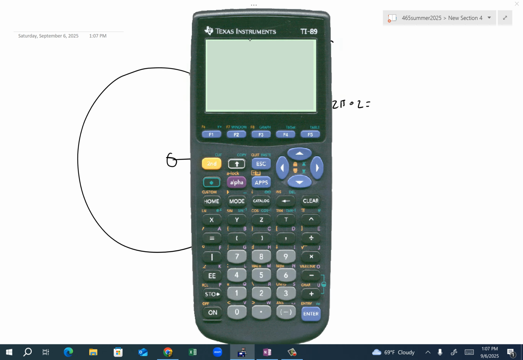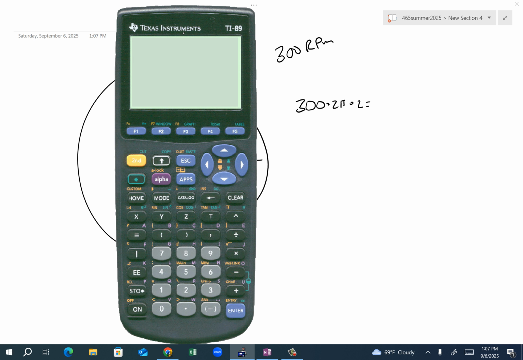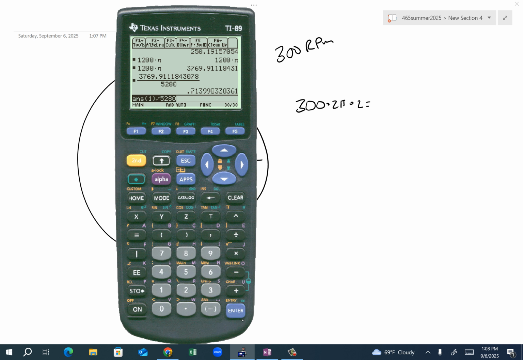So that's 600, 1,200 pi. About that many feet per minute, right? So if I divide that by 5,280, I get about 0.71 miles per minute times 60. This thing is going about 42 miles an hour, 43 miles an hour. Okay, that's going to be helpful.